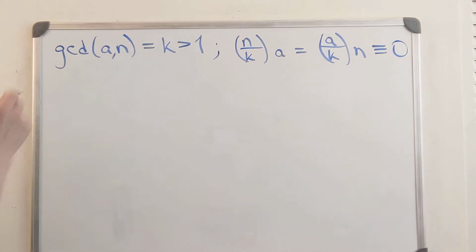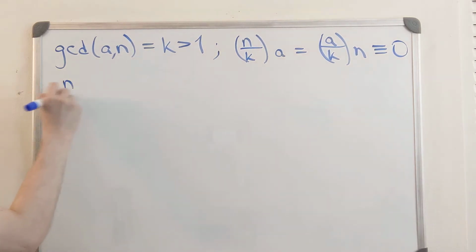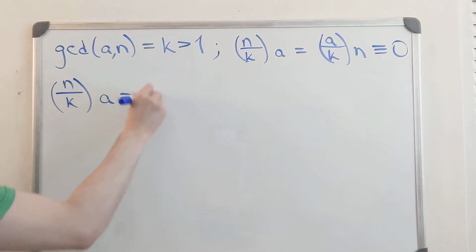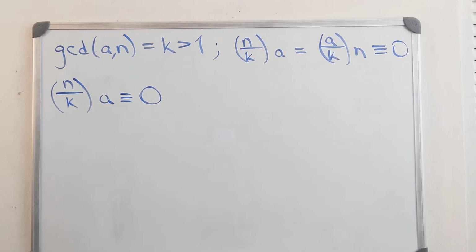And so then I actually have this equation that n over k times a is 0. And I'm not being careful about distinguishing between integers and their equivalence classes mod n. I probably shouldn't have even drawn the overbars anywhere, because I'm not going to keep track of that distinction. It's really not necessary.